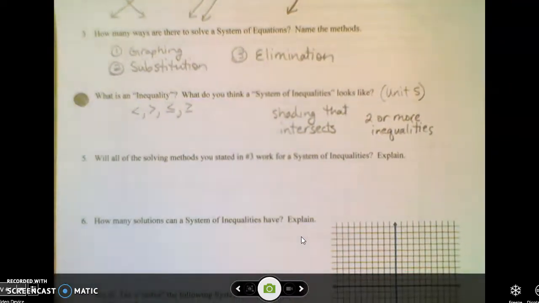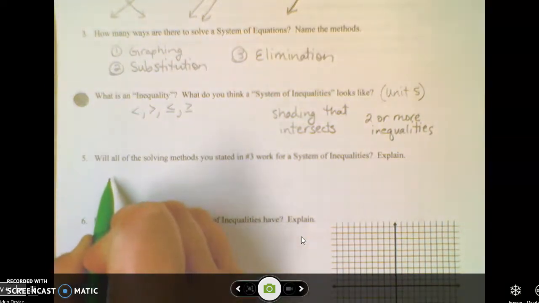Okay, do all of the solving methods we stated work for a system of inequalities? Well, not really.